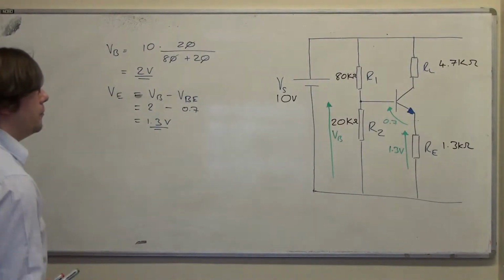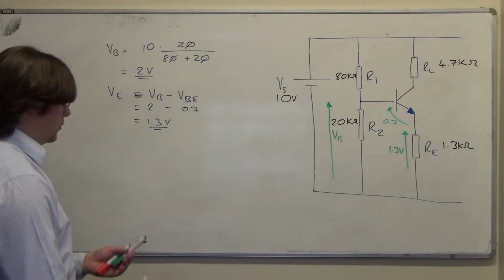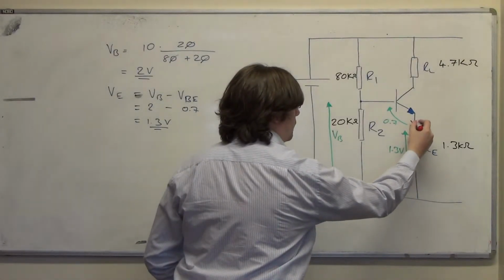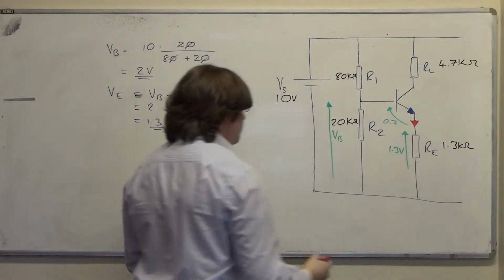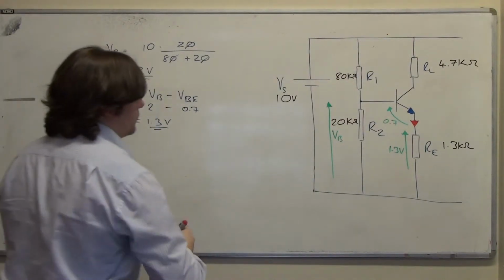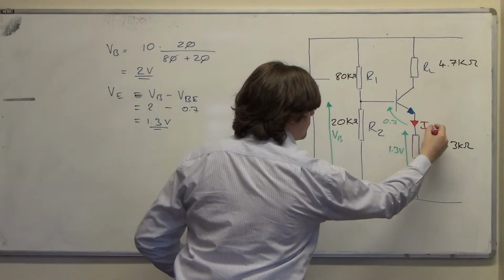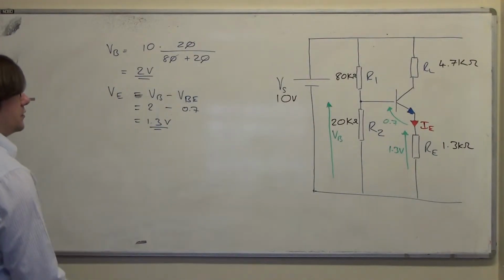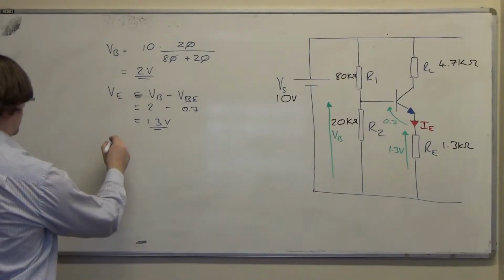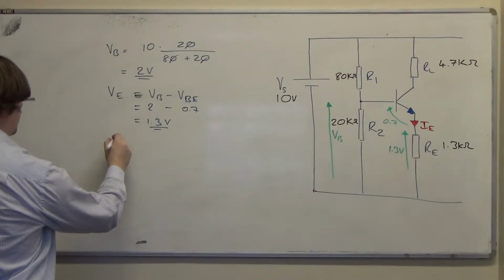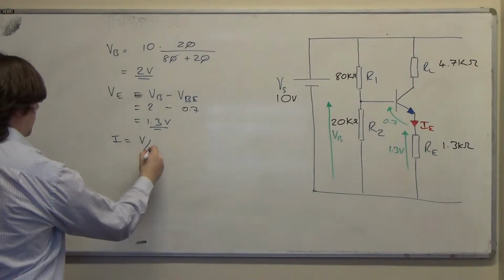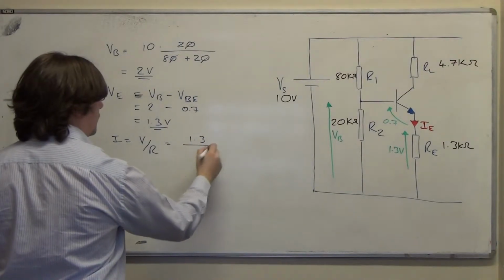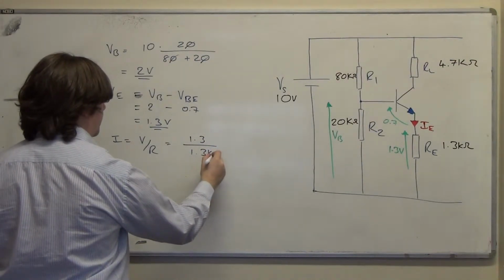Fine. Well, in that case, I can work out what IE is. I can figure out this current here by applying Ohm's law to RE. So I can say I is V upon R, which is 1.3 volts divided by 1.3 kiloohms.